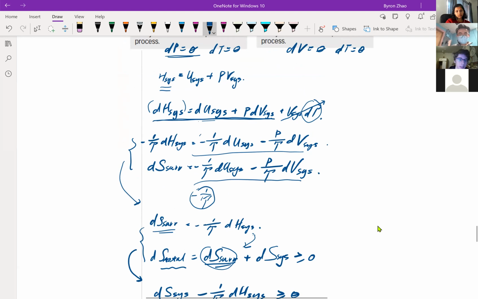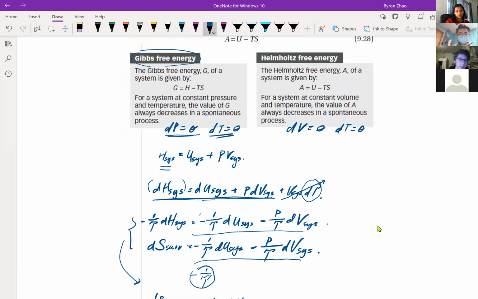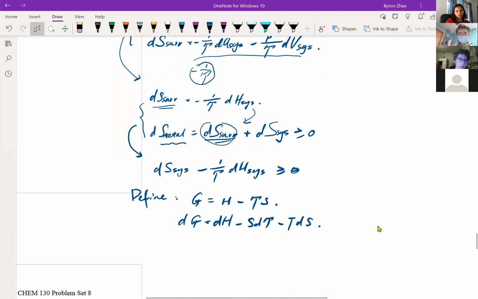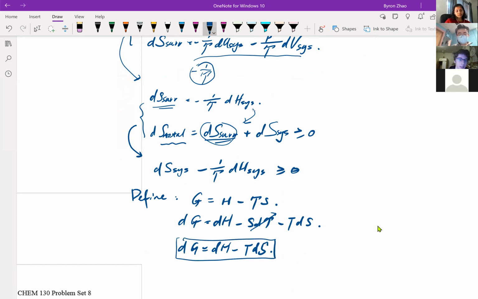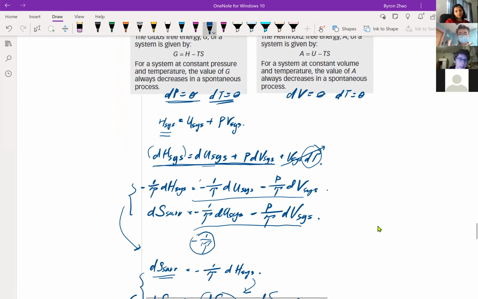Since we have an assumption right here, dT equals 0, this term will be 0. So the change in Gibbs free energy will be dH minus T dS. But in this question, this one is not very useful, which is why we're going to also derive the other one.